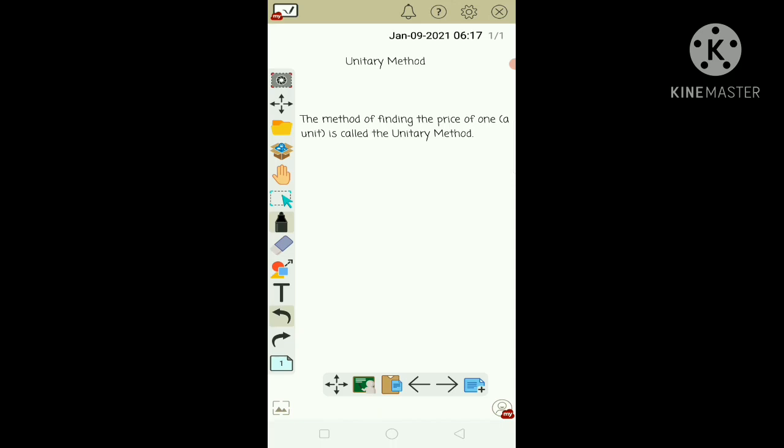So first example: the cost of one pair of shoes is 425. What is the cost of 15 pairs? This kind of question will come.